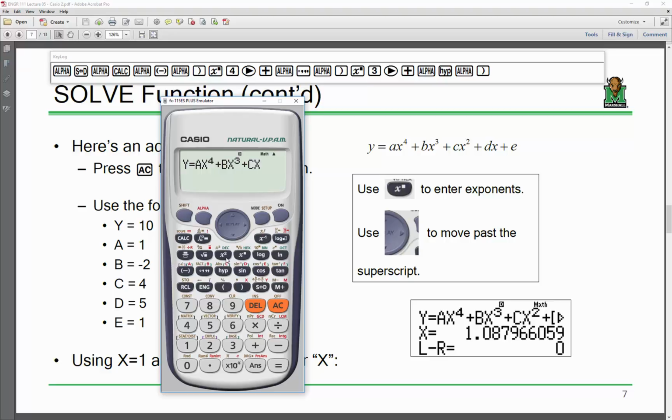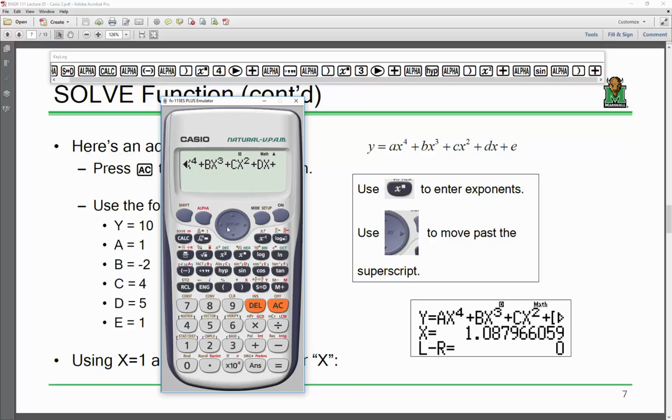Either one would work. I'm going to be lazy and just hit the square button. We don't have to press right to get out of the superscript in that option. So plus alpha d, alpha x, plus alpha e.